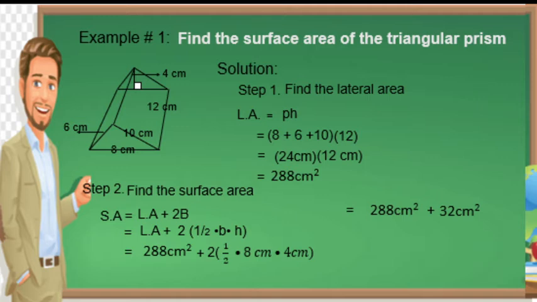So that's why 8 times 4 is equals to 32, and 288 plus 32 is equal to 320 square centimeter. Again, the surface area of the triangular prism is equivalent to 320 square centimeter.